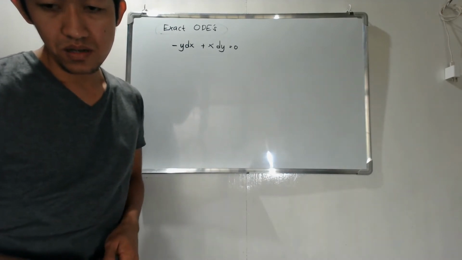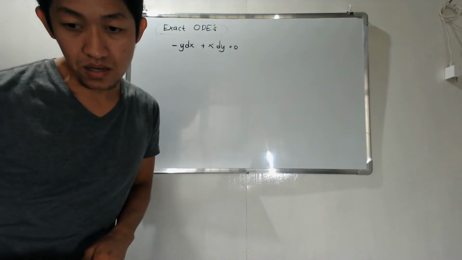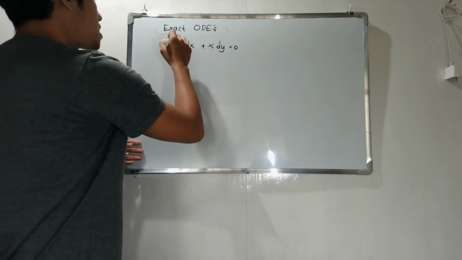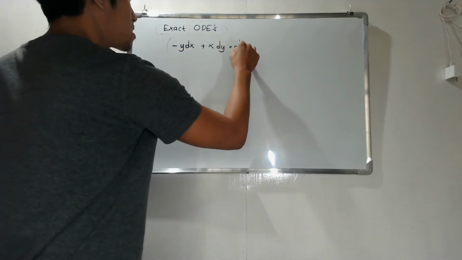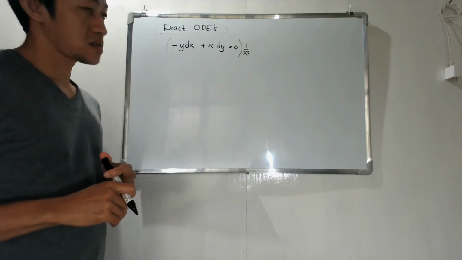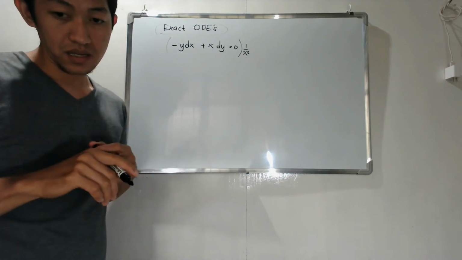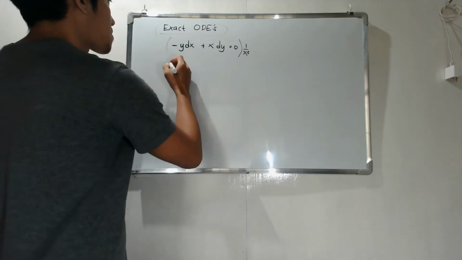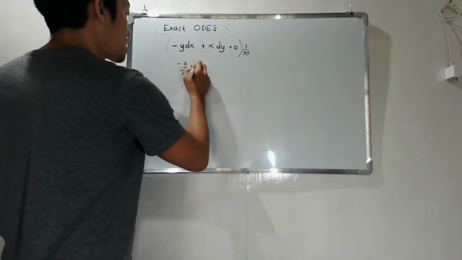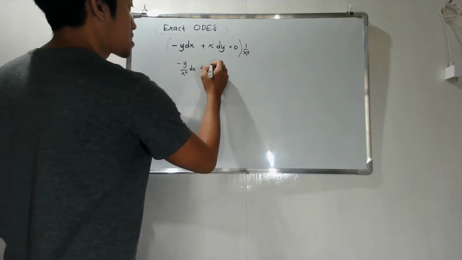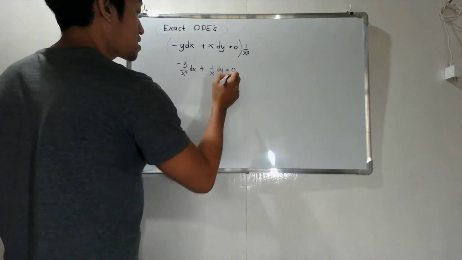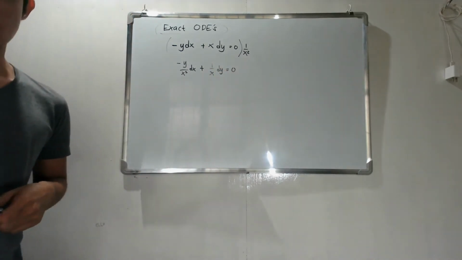So, say for example, we multiply it by 1 over x squared. This will become negative y over x squared dx plus 1 over x dy is equal to 0. Okay?